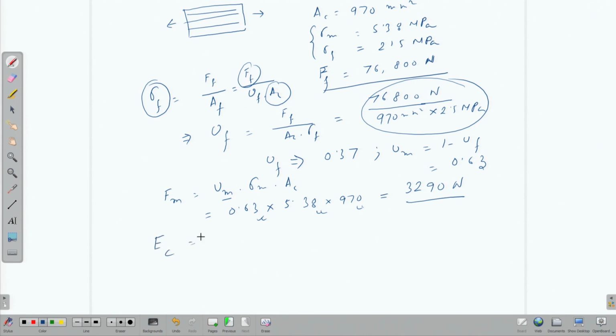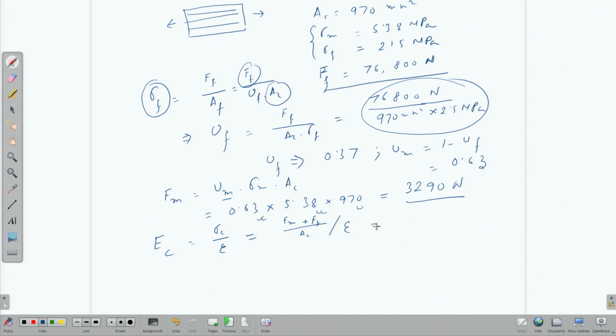Okay. Then the next part says you have to find out the value of E c, the composite material modulus. E c is equals to sigma c over epsilon. Epsilon, I am saying, epsilon c you can say, but all epsilons are same, isostrain condition. So, sigma c over epsilon, where sigma c is the total load, F m plus F f, over A c, divided by the strain.